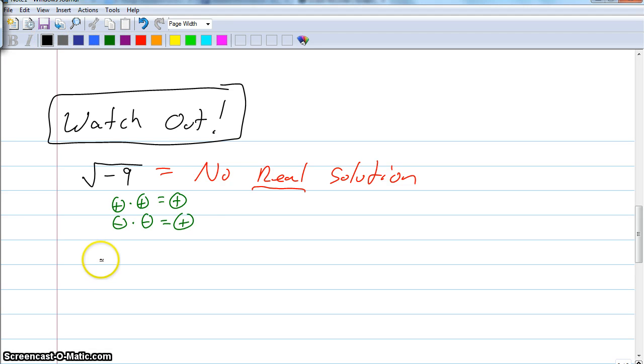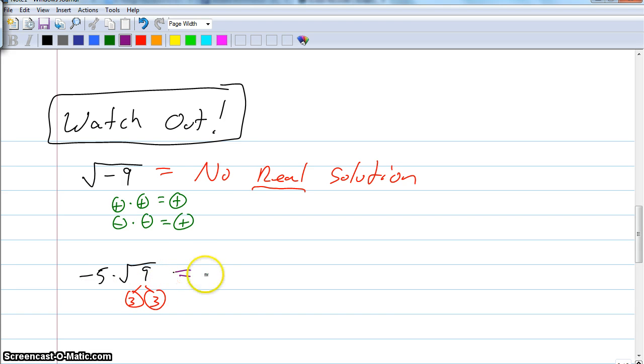That's not to be confused with a number like this. -5 times the square root of 9. Well, what is 9? We make a factor tree, we get 3 and 3, and that's it. So they need a buddy. 3's got a buddy.